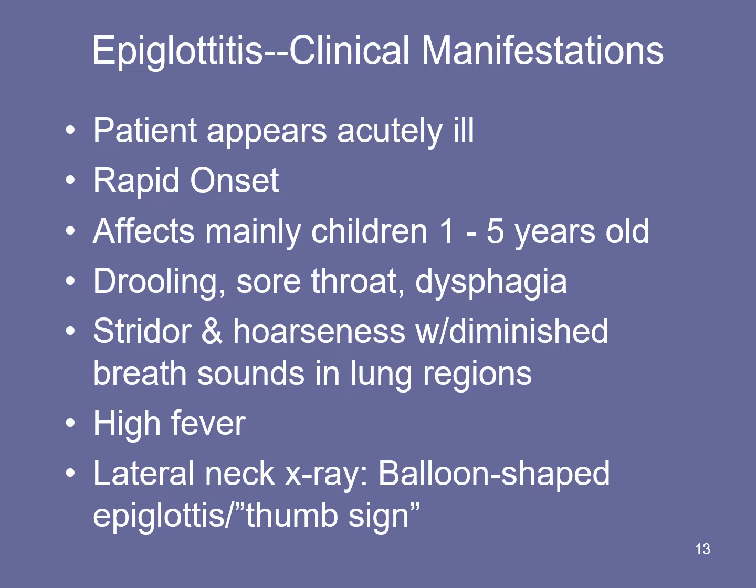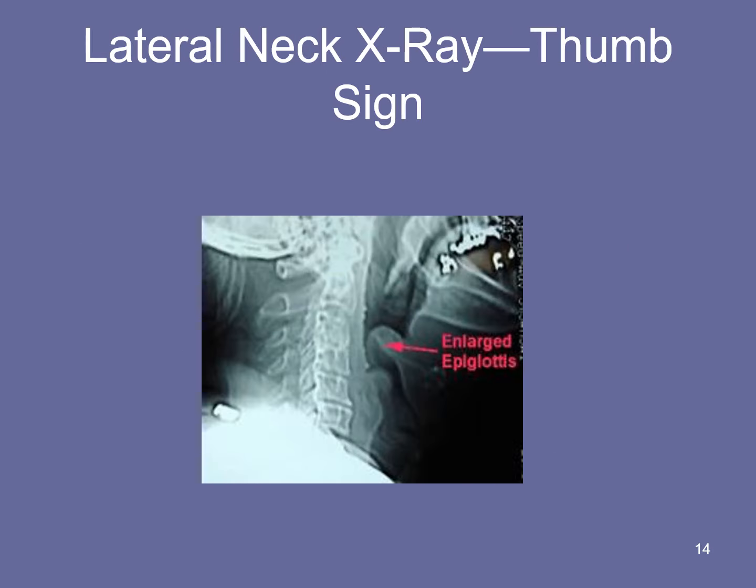Thumb sign. In the next slide, we'll take a look at an actual image of what that might look like. Lateral neck X-ray of the thumb sign. Whereas with the steeple sign with croup, the steeple was the opening, was the patency. So it was radiolucent, it was dark.